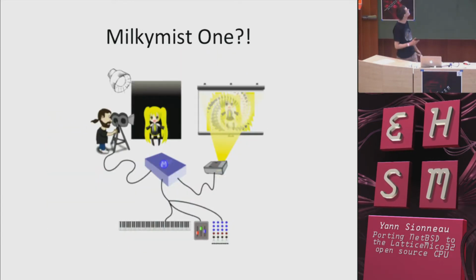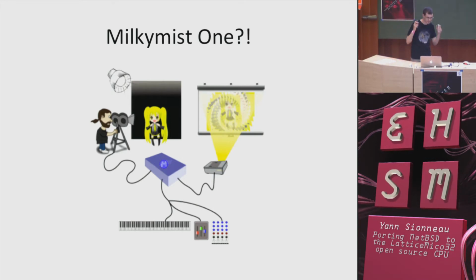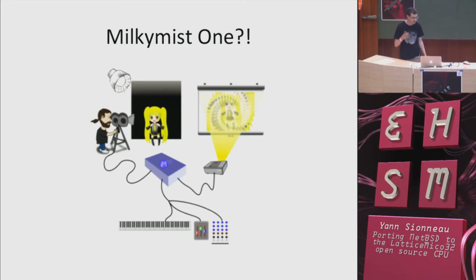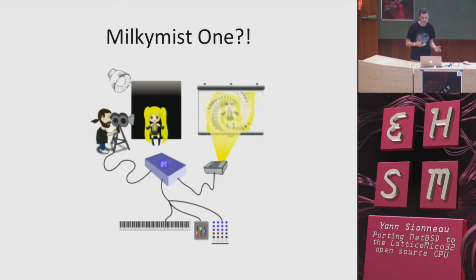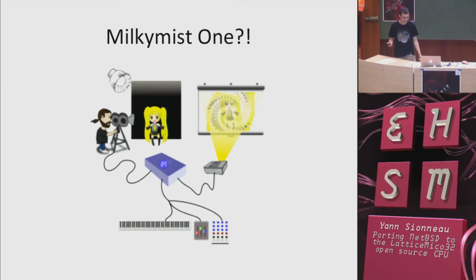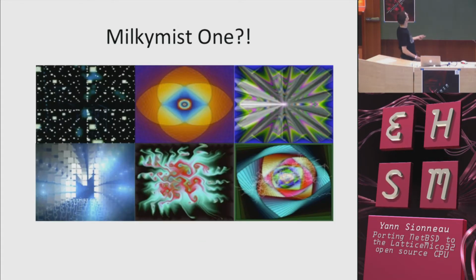So you can basically capture a live performer and project it against a wall or against a screen and apply video effects like rotations, zoom in, zoom out, blurring, etc. And you can control lights and sound as well. And everything in the box can be synchronized with the music. So it's generating effects like this. For instance, those are screen captures of the Milkymist One.